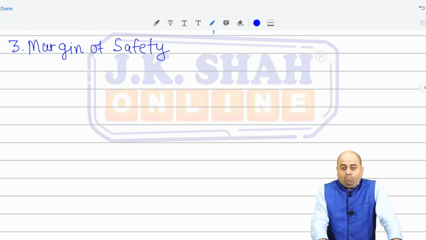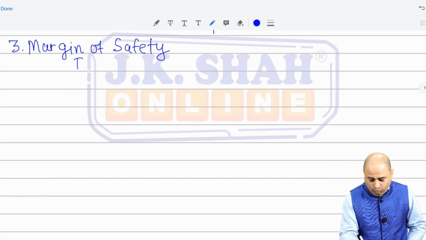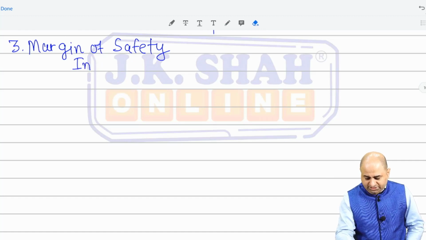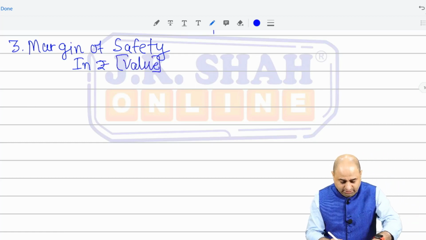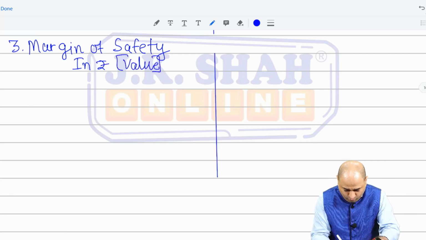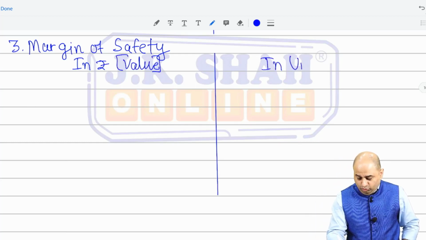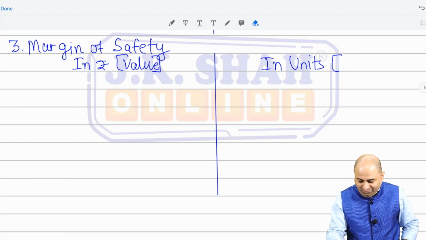Now, talking about margin of safety, again, it can be in terms of value, or let me just continue in the same way as earlier, in rupees, which some people call value as well, and in units, which some people call volume.